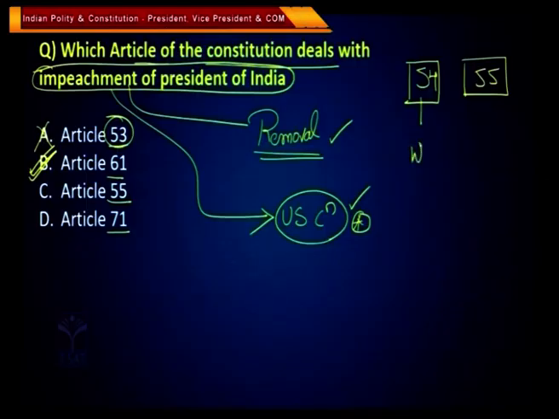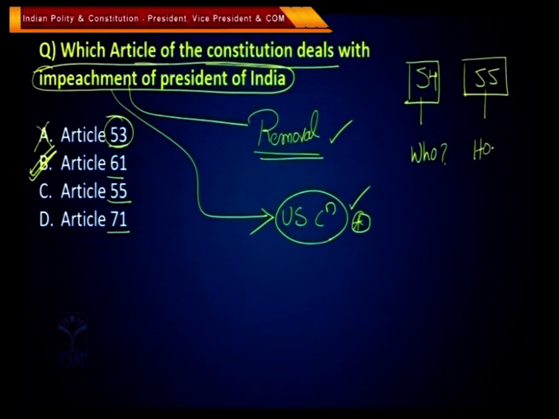Article 54 talks about who participates in the elections of the President. Article 55 deals with how the President of India is elected. The procedure of election is discussed in Article 55. So, this is your Article 55. Now, what is Article 71?